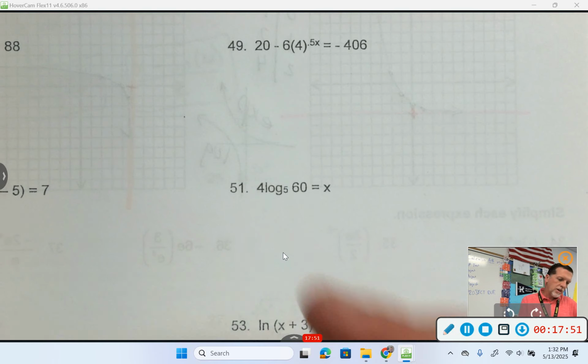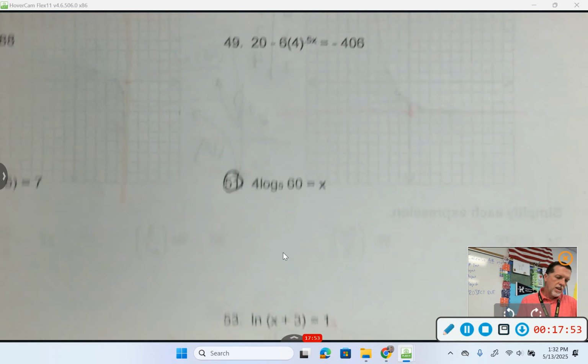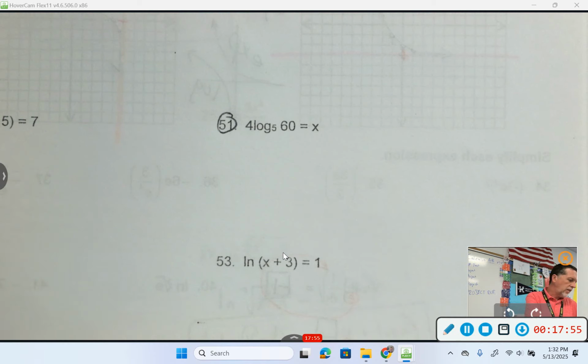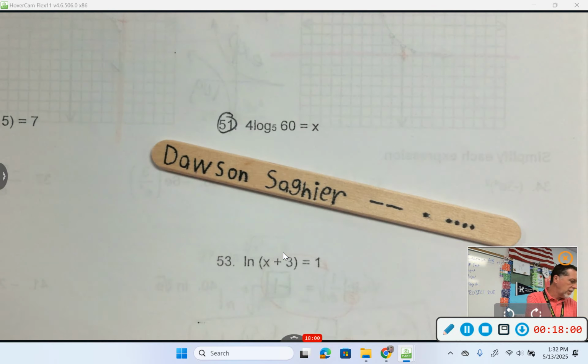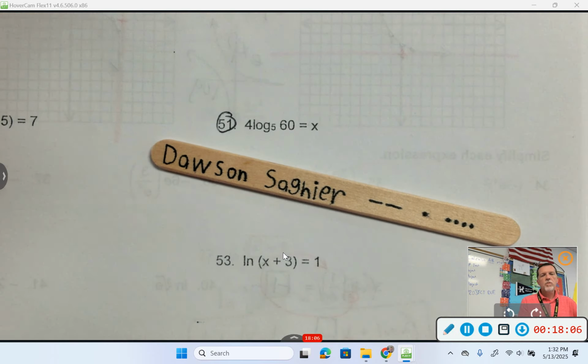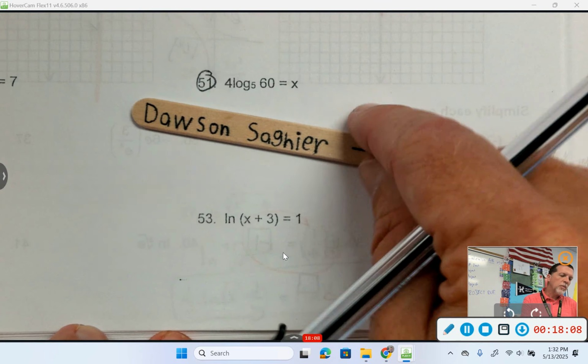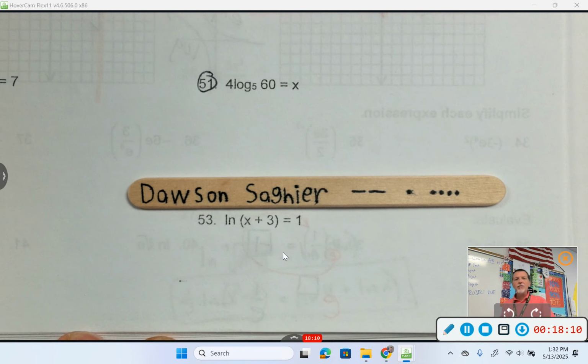All right, 51. Let's see, 51. Dawson, what would you do first on 51? There's a couple of options, so if you're pondering, you've got choices here.